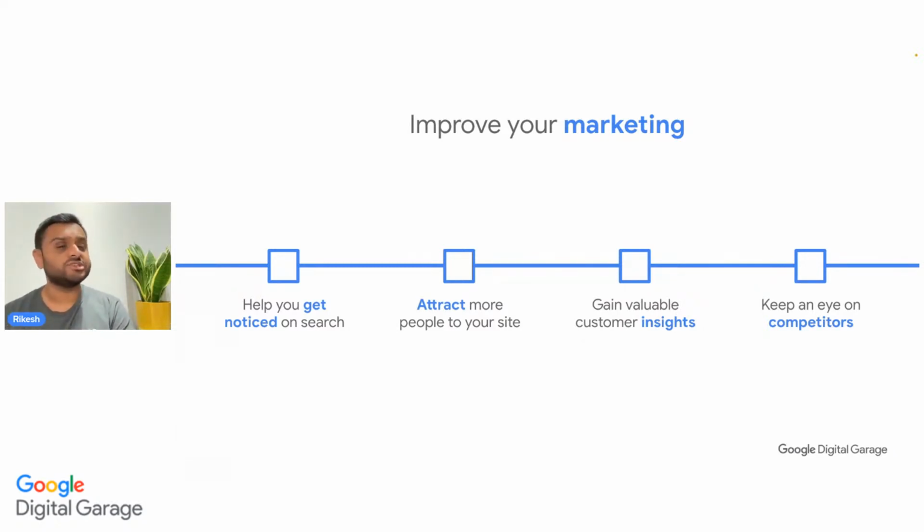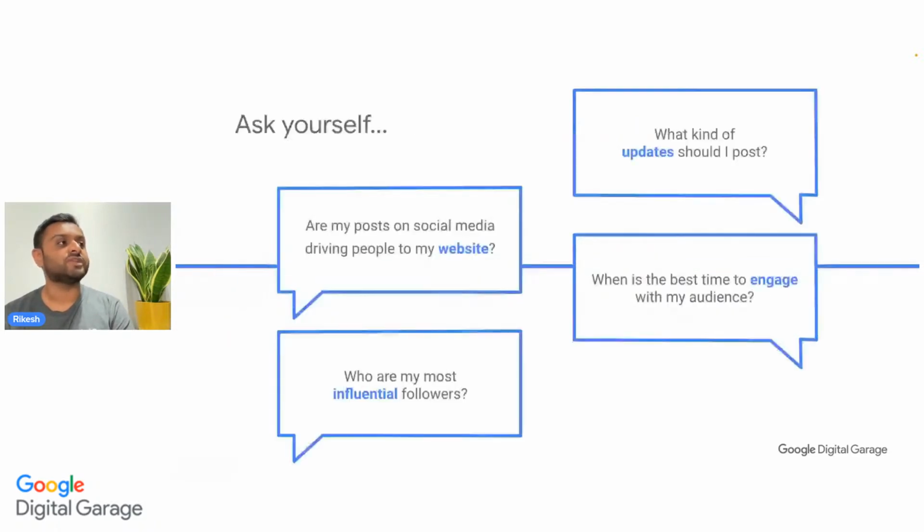Now, there are some considerations, some questions that we want to ask ourselves at this early stage before we go into the social media strategy itself. One of them is: are posts on social media driving people to my website? That particular question can be answered directly by one of the tools that I will mention a little bit later on.